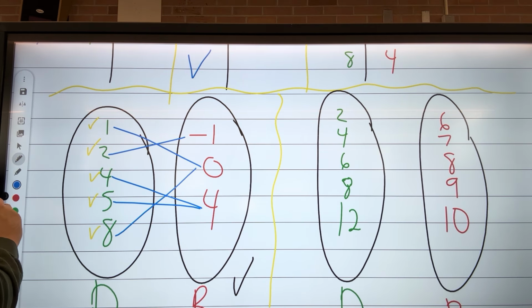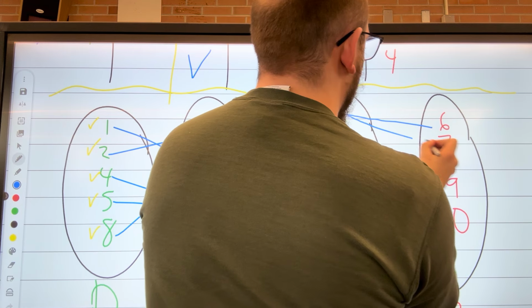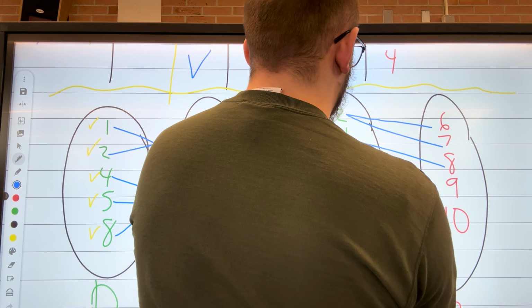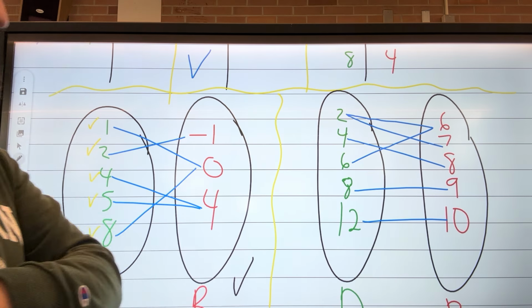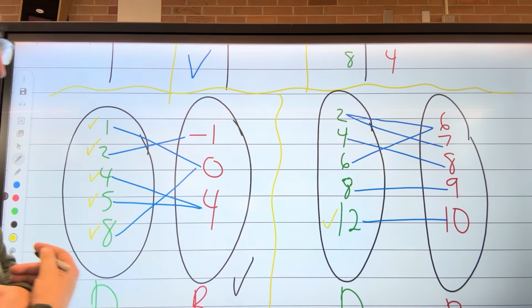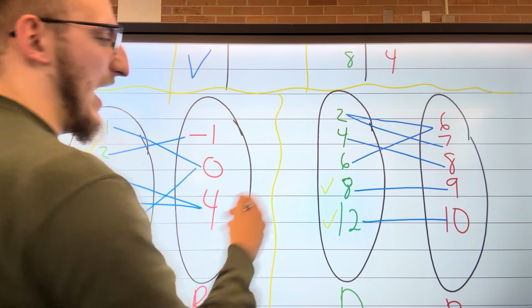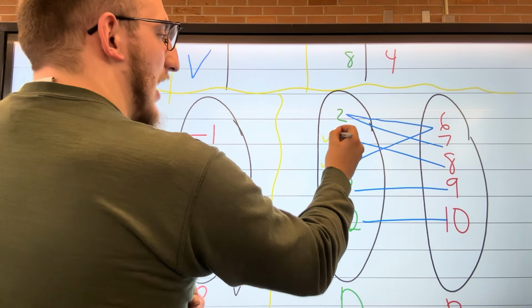Now that's in contrast to this one. Let's look at this. I know it's kind of sloppy, but 12 only takes you down one road. I'm cool with that. 8, I'm cool with that. 6, I'm cool with that. 4, I'm cool with that.